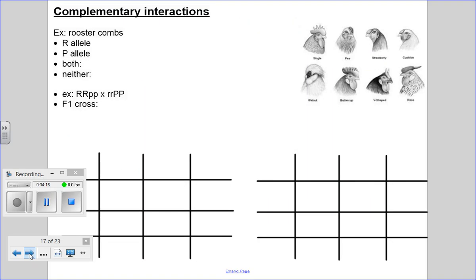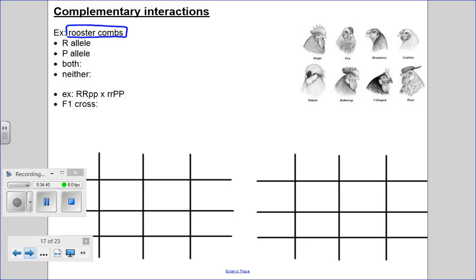Complementary interactions. This is the type of question that might get asked. Rooster combs are the classic example of complementary interaction. Over here, I put some pictures of what different rooster combs might look like.